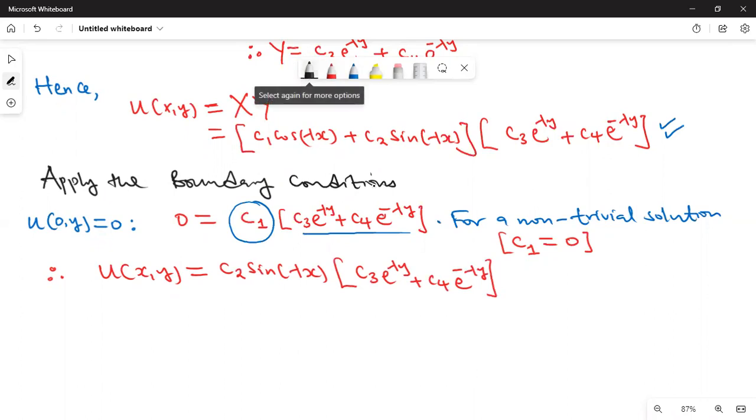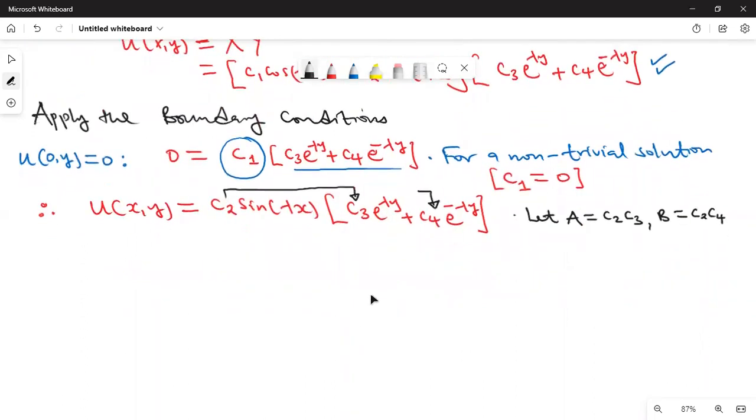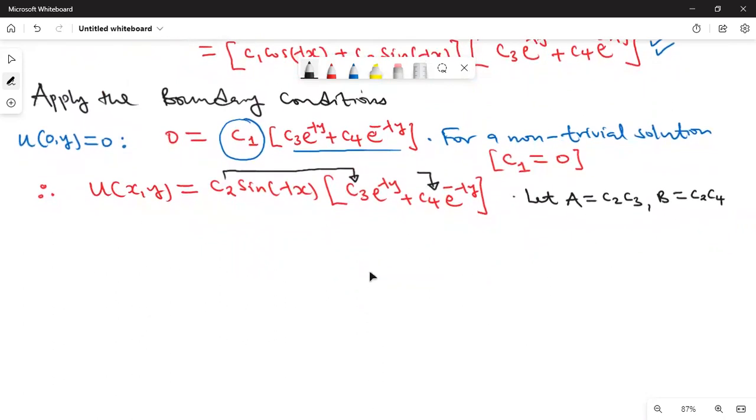And this you can simplify. If I take the C2 inside, let it multiply C3. We are taking C2 times C3. Again, the same C2 times C4. So we are going to say let A be equal to C2 times C3 and B be equal to C2 times C4. Because I told you, when you multiply any two arbitrary constants, you get an arbitrary constant.